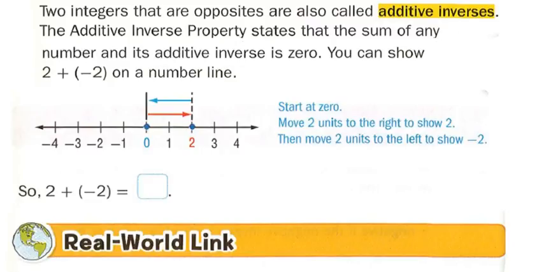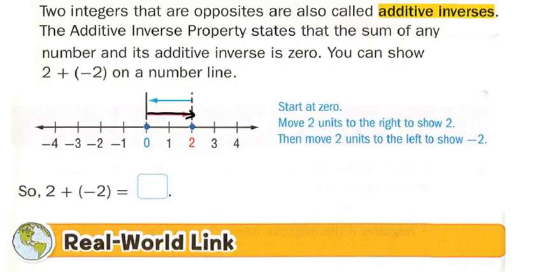The additive inverse property states that the sum of any number and its additive inverse is 0. So you can show 2 plus -2 on a number line. So take a look here. So we have 2 plus -2. So if we have +2, we go over to the right 2 spaces.